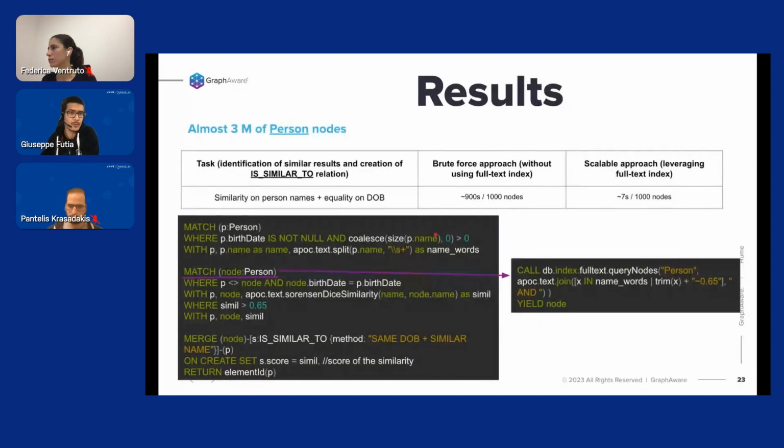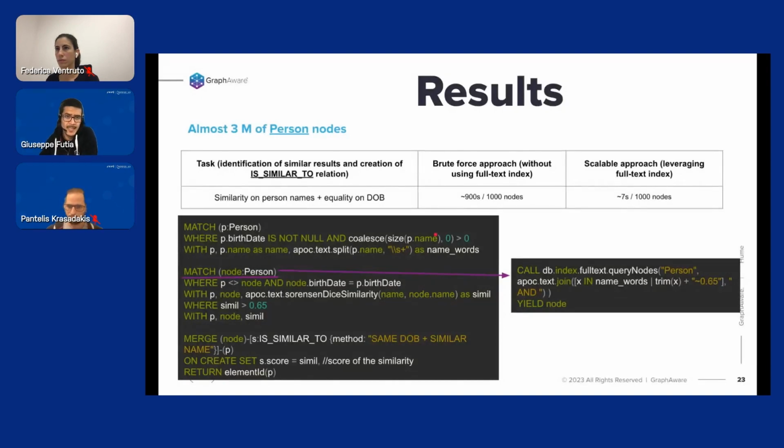So we are going to conclude this presentation by showing some initial interesting results, because as you can see in this slide, we apply a similarity computation by considering fuzzy matching on the person names and exact matching on the date of birth.